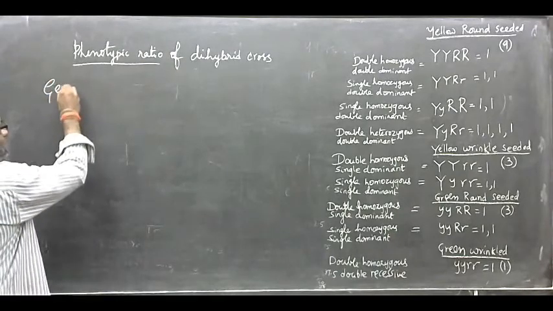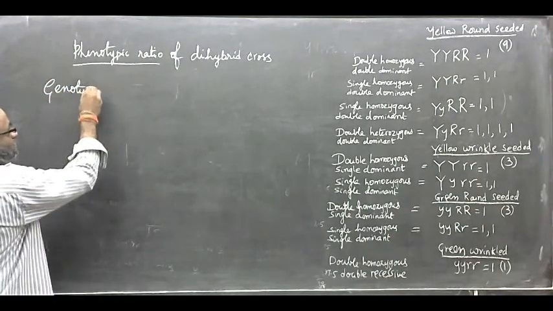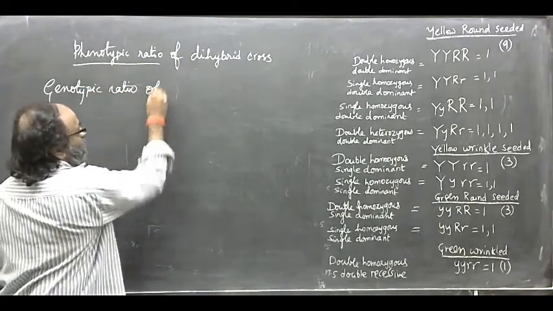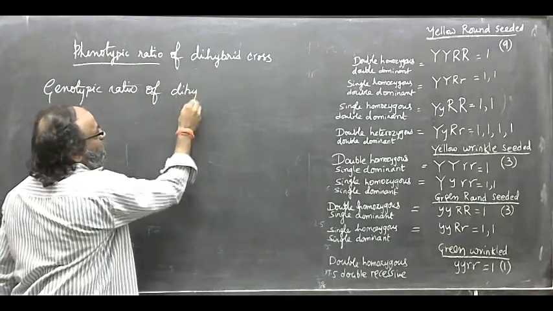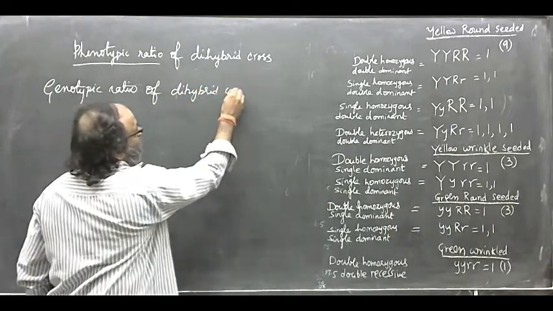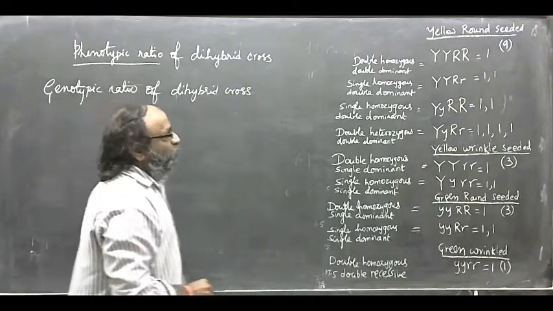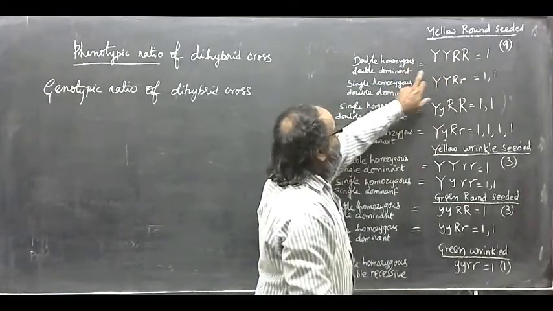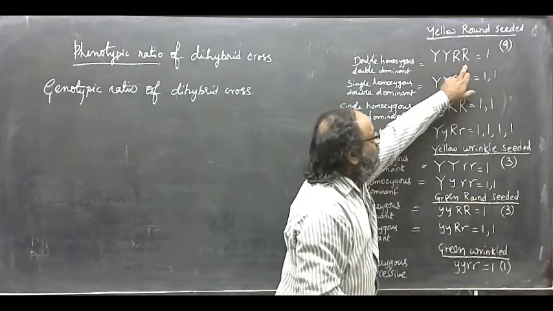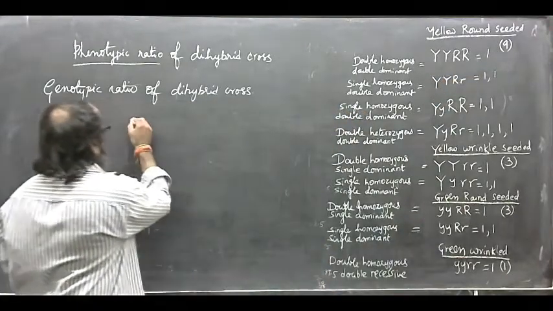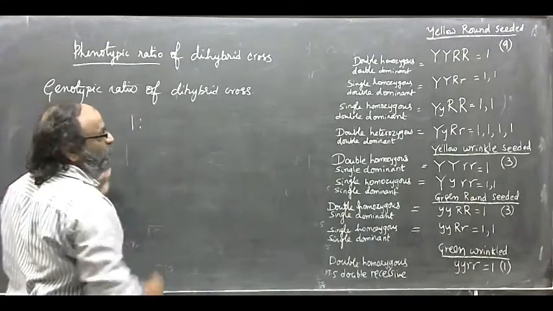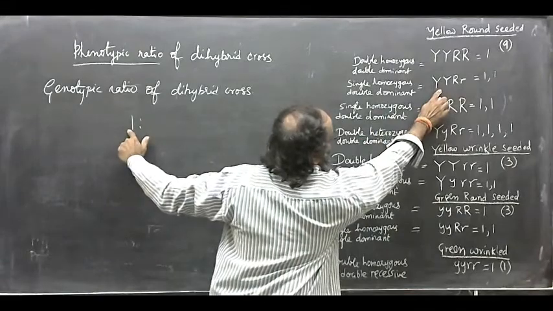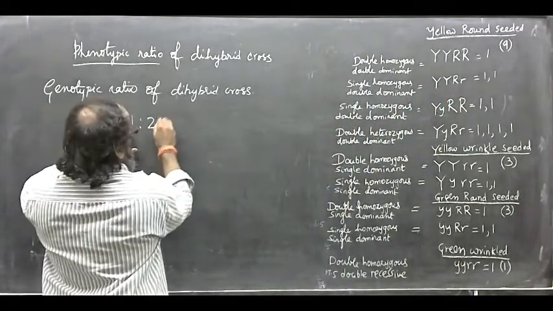Now let me analyze the genotypic ratio of dihybrid cross F2 generation. Now observe this table. Capital Y, capital Y, capital R condition is seen in one plant of F2 generation, and the second genotypic condition is seen in two plants.